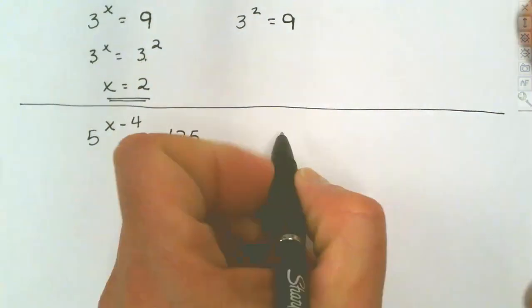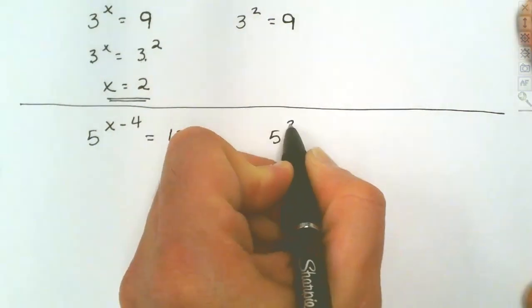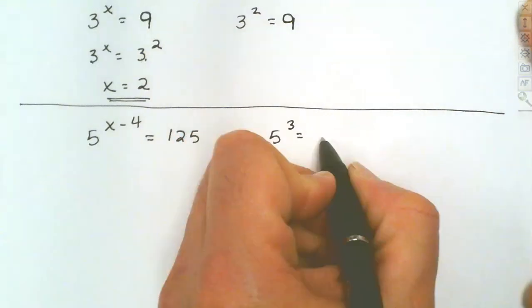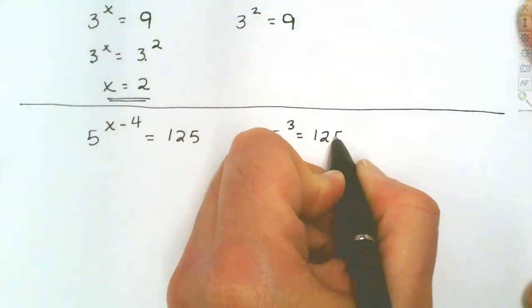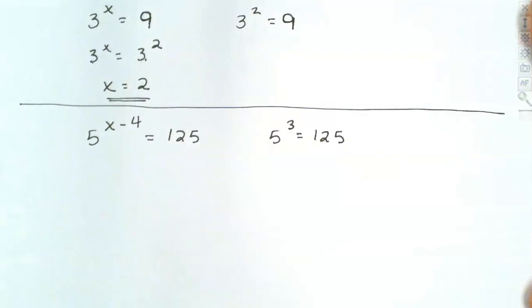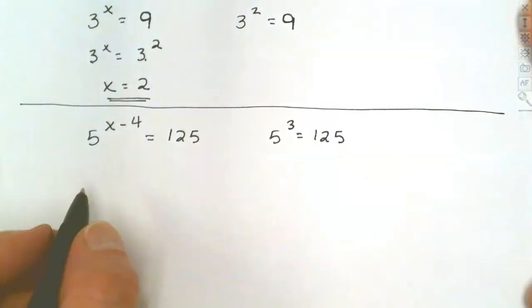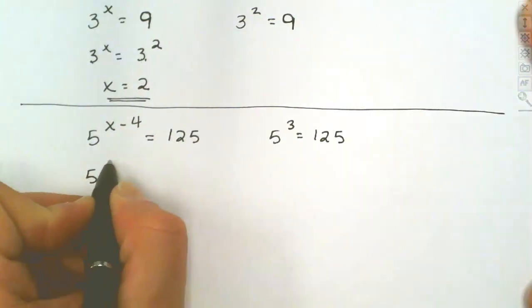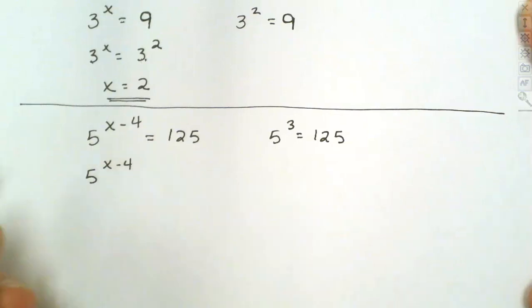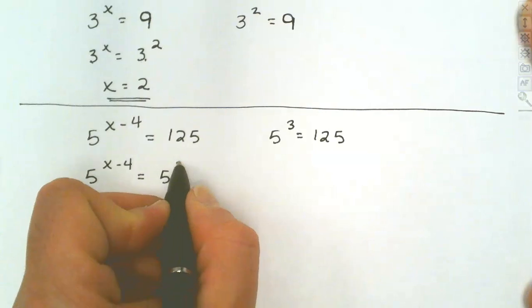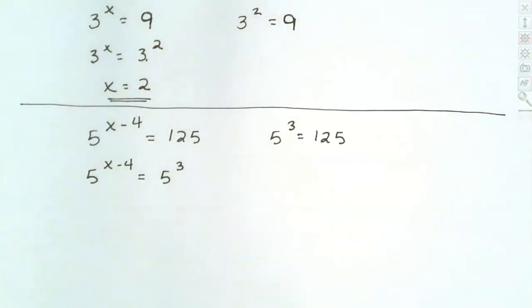Well, we know that 5 cubed is what? 5 cubed is 125. Right? So I can rewrite this as 5 to the x minus 4 power equals now 5 cubed. Okay? And what do we now know?